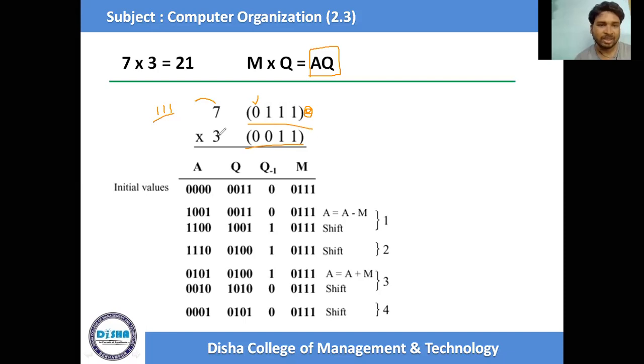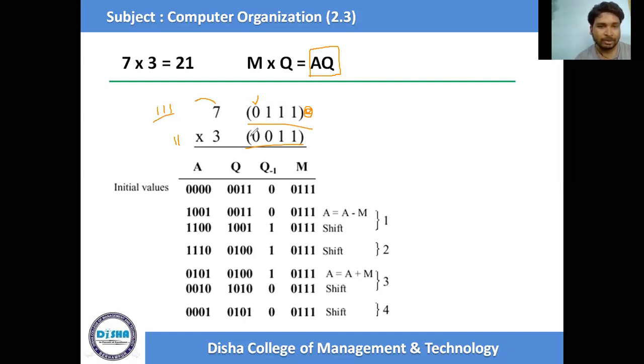Similarly, when we convert 3 into a binary number, it becomes a 2-bit number, but we have to make it a 4-bit number, because 7 is a 4-bit number. The highest number is 7, and when we convert 7 it becomes a 4-bit number, so the binary of 3 must also be a 4-bit number.